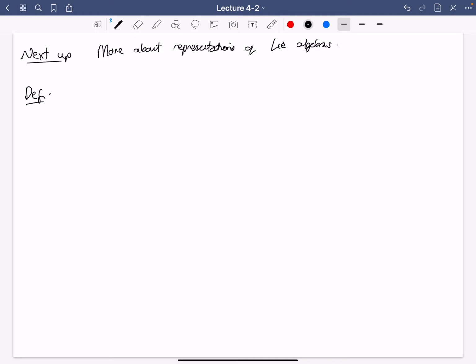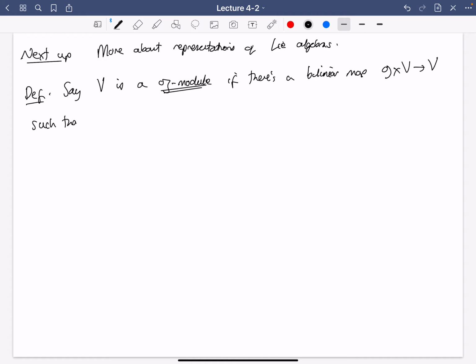So let's actually now finally give you the definition. We'll say that a vector space V is a G module. Somehow I've got to this point without introducing this language before. It's a G module if there's a bilinear map from G cross V to V, which I'm going to denote as sending an X in the Lie algebra and a vector V in the vector space V to XV, just as you would normally write for a left module.